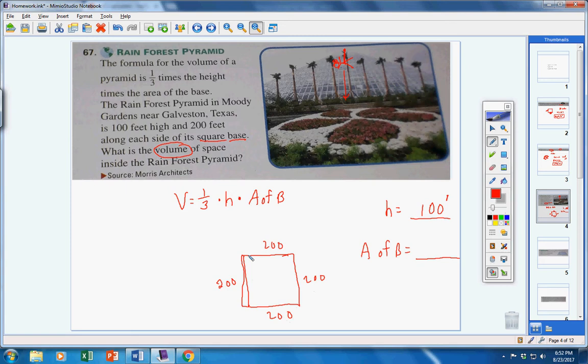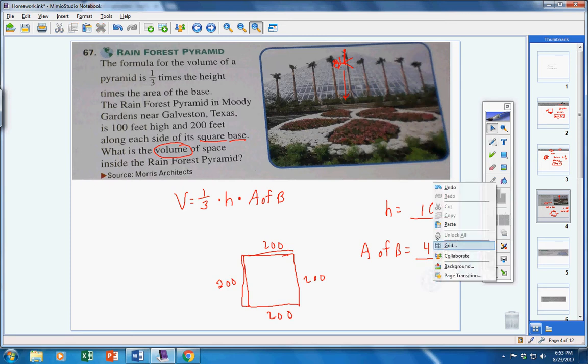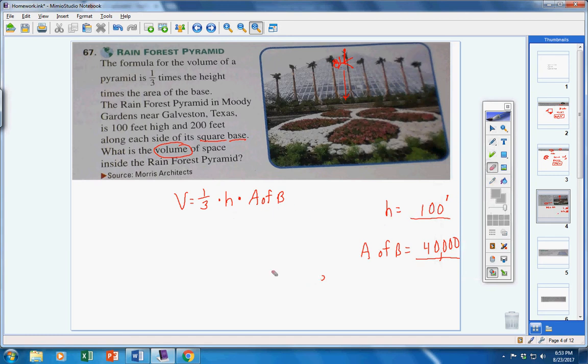So how do you find the area of a square? Well, side times side. So 200 times 200 is 40,000. Okay, so we're good. We found what we needed. We needed to know the height, and we have that. We needed to know the area of the base, and we have that. So let's find the volume.